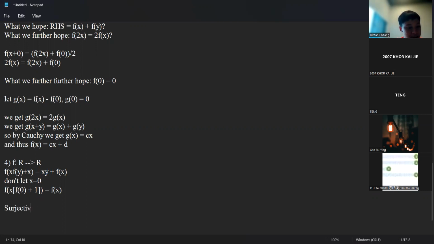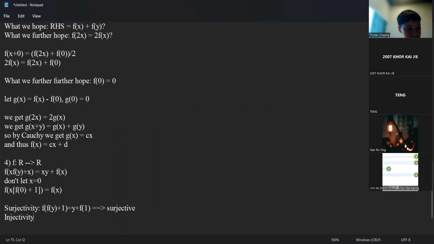So surjectivity. Well, let's say let x equals 1. Then f(y plus 1) is y plus f(1), and the right hand side is of course something that we can shift anywhere on the real number line. So surjective.